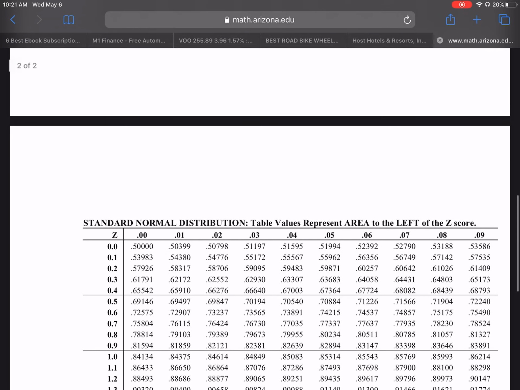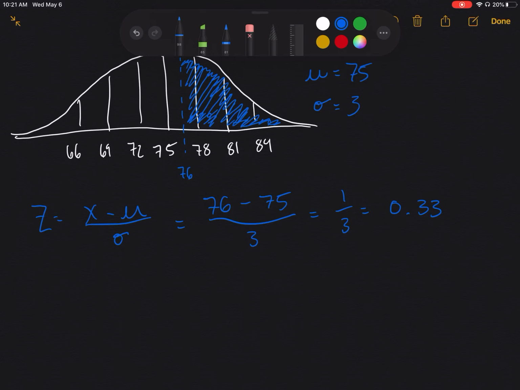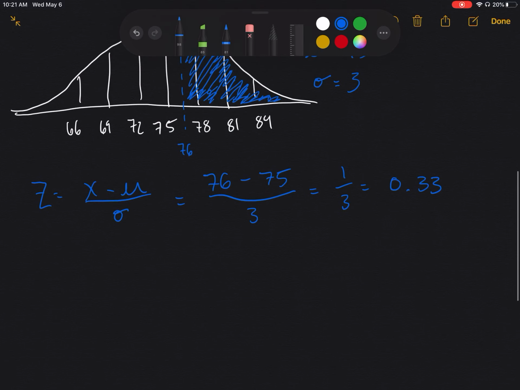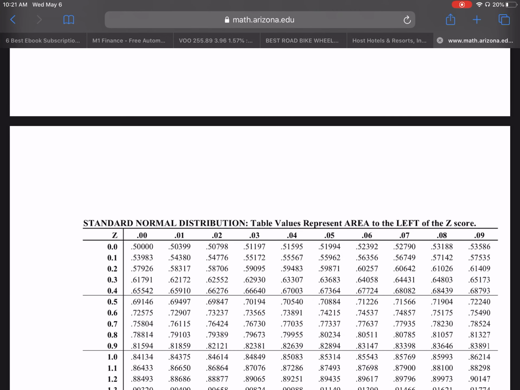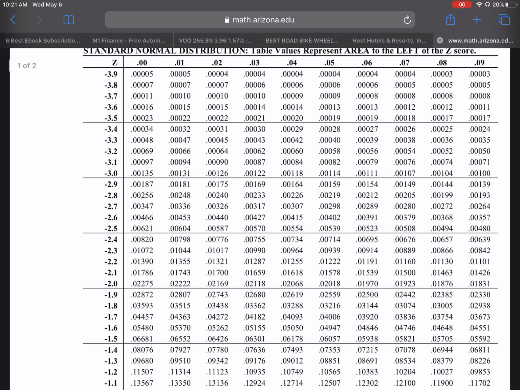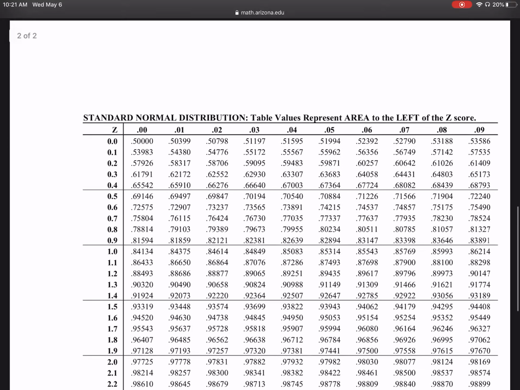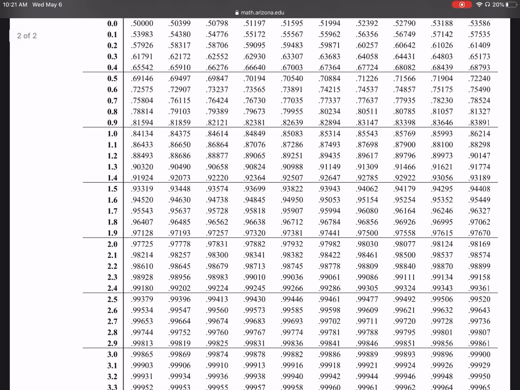Now recall that our z-score was 0.33, right? So I need to find that z-score on my table. What you first do is look for the first two values, so 0.3 in the left column here. You'll see it starts at negative 3.9 and goes all the way to positive 3.9. We're looking for a positive 0.3.